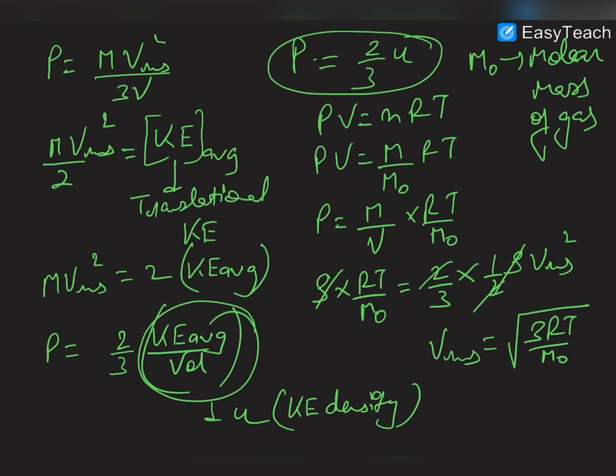Okay, you have already heard this formula. So this is V RMS, and if we write M naught as M into Avogadro number, where M is the mass of one molecule, then V RMS will be equal to the square root of 3 RT by M naught, which can be written as M into Avogadro number, and R by Na is the Boltzmann constant.